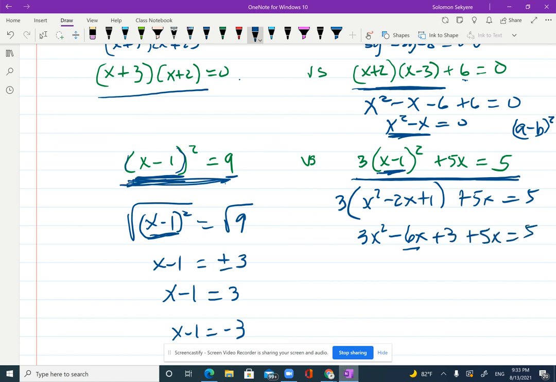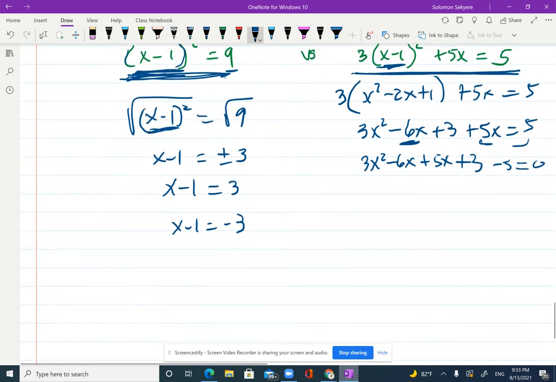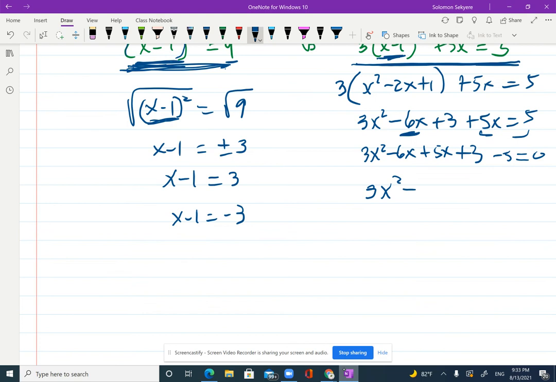We group like terms, this and that: 3x squared minus 6x plus 5x plus 3. I move this over here, minus 5 now is equal to 0. This is 3x squared minus x minus 2 equals 0. This is what finally, now see, equals 0.